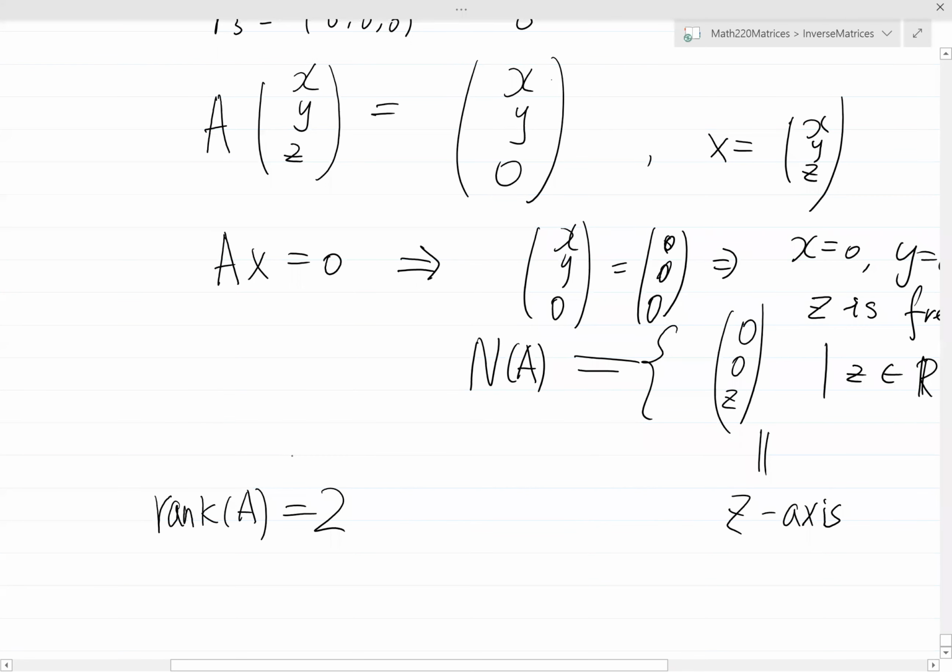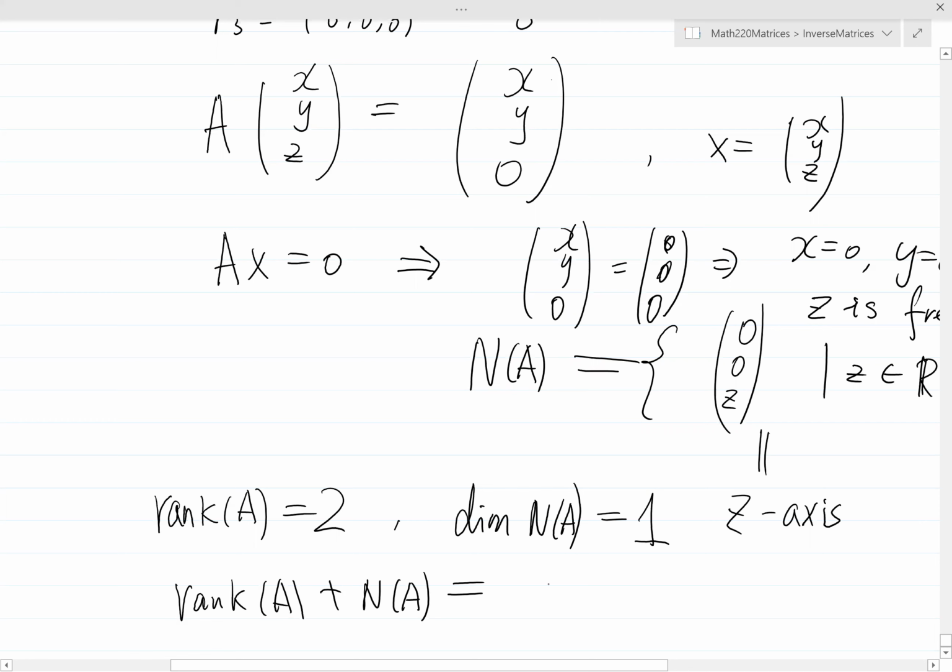Then the dimension of the null space, the dimension of a line, the z axis, is 1. So you see rank A plus nullity A is exactly the number of columns of A. In this case, we have 3. Okay.